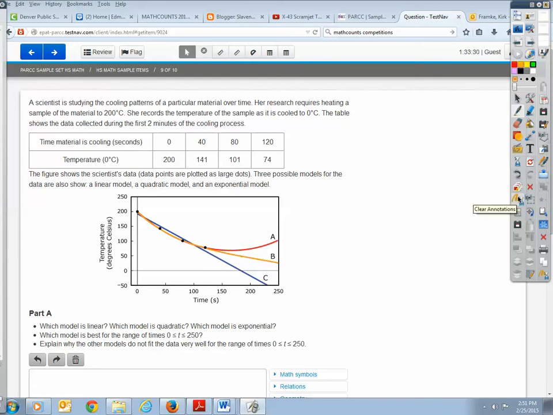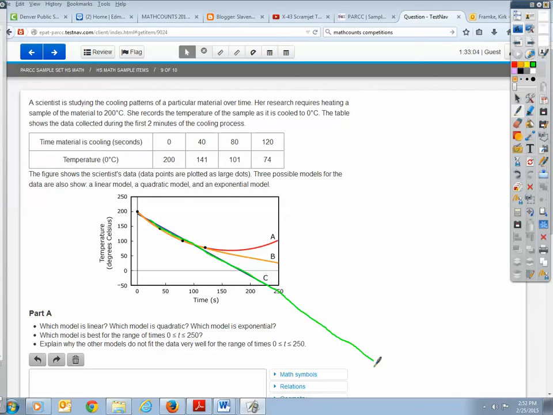The linear model is the line of best fit. And if I continue this data, you'll notice that I'm going way below 0. Is that going to make sense? If I put a cup of hot chocolate on my desk, is it going to get to be below 0? Probably not.